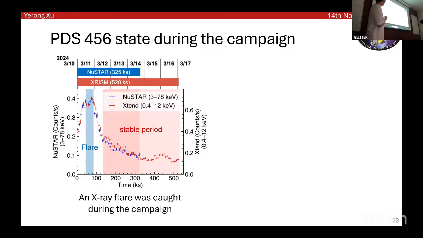Then here are the soft and hard X-ray light curves during our observation campaign, and they clearly show an X-ray flare during the exposures, which will be used for our later analysis.